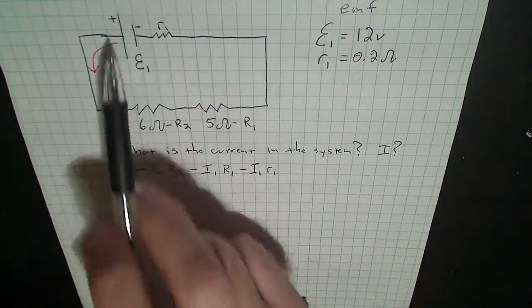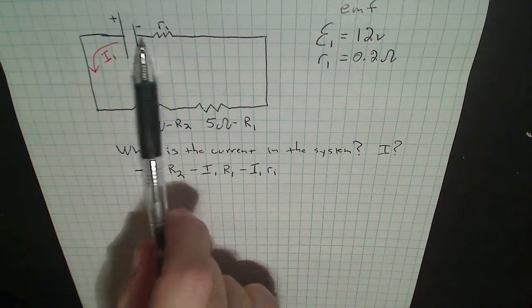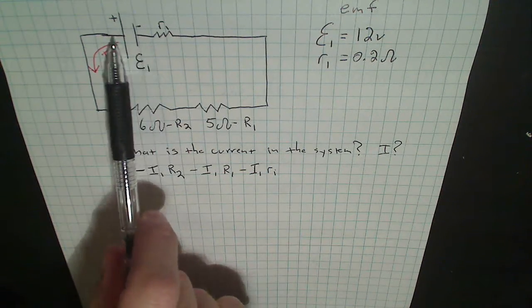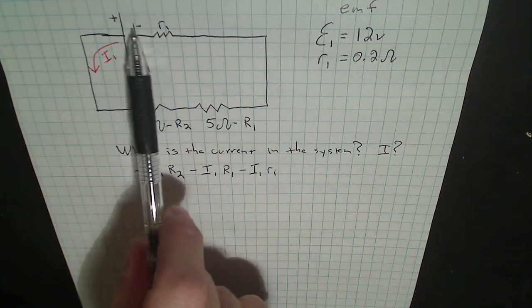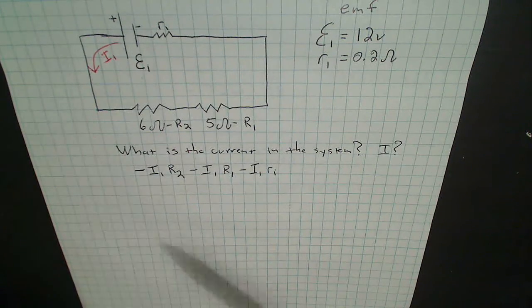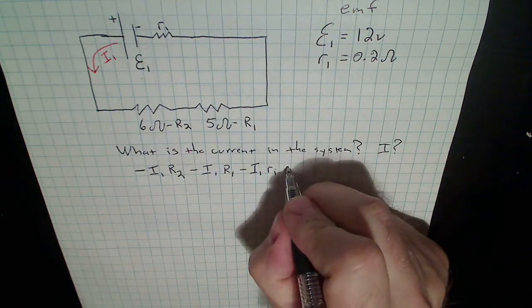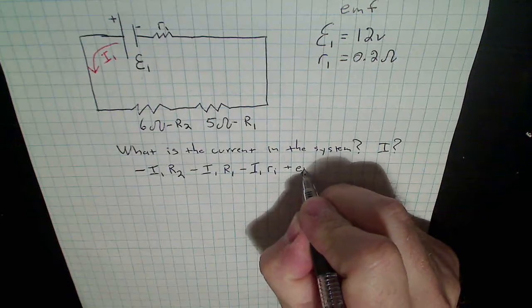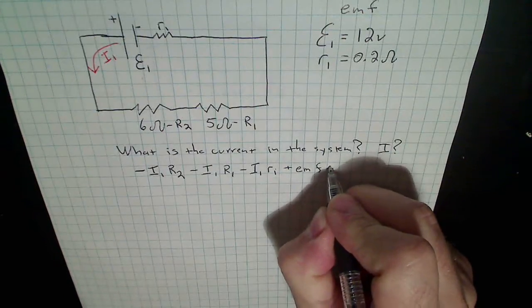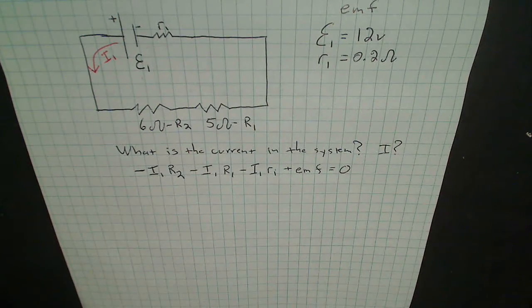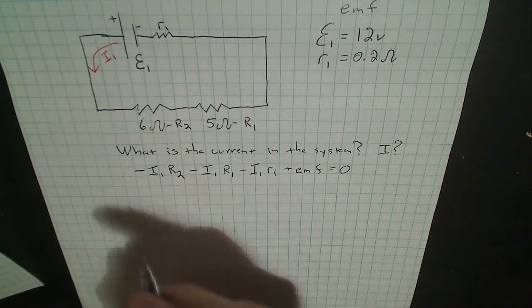And then we encounter the EMF. We're traversing it from negative to positive in the direction of current, which means we must add our EMF voltage, and our loop rule says that this is equal to 0.